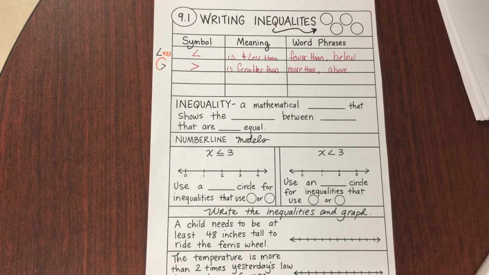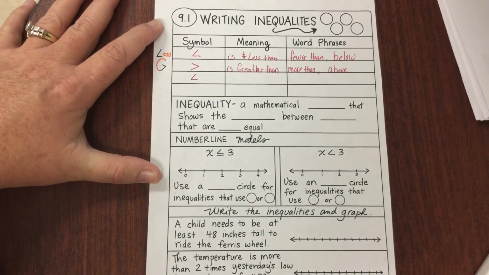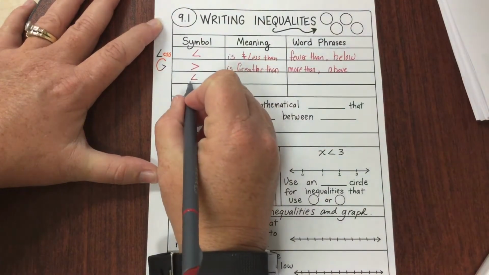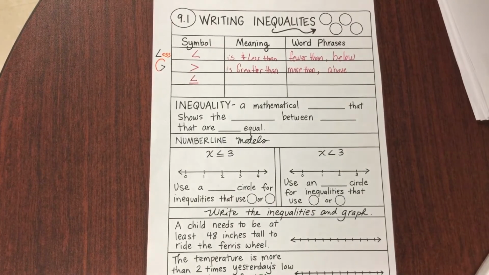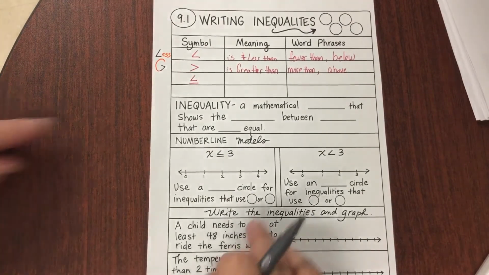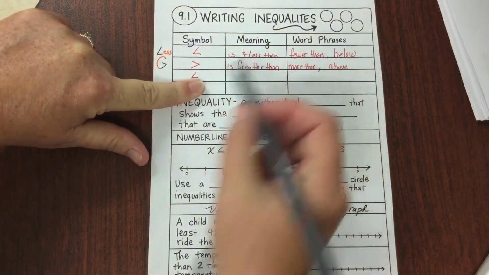All right, so the two new ones that we are going to talk about, we already know this symbol, correct? Well, we also have a symbol that looks like this. Okay? So let's go ahead and decipher. We know that that means less than, right?